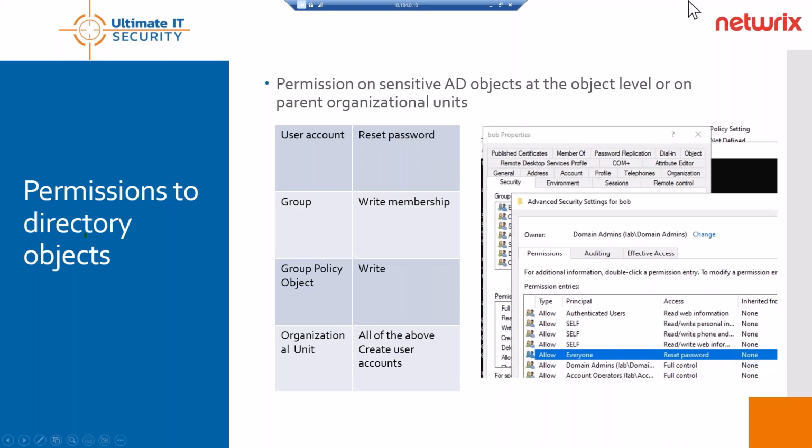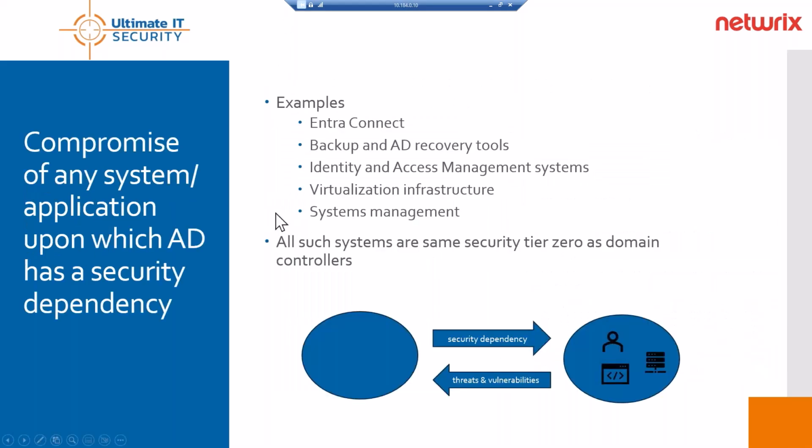Okay. Now, let's leave the core functionality of Active Directory. So those are all of the ways built into Active Directory proper that you can get admin authority. But now let's look at the broader picture and think about security dependencies.